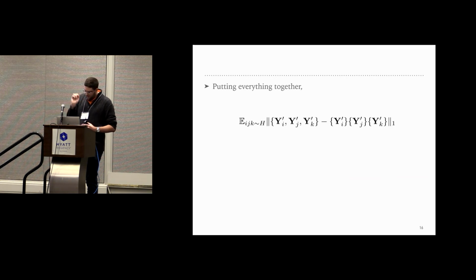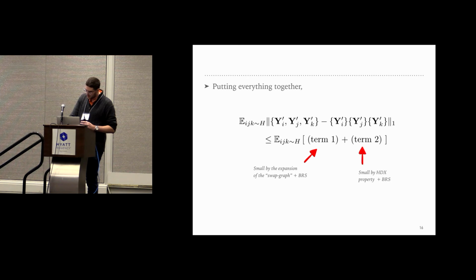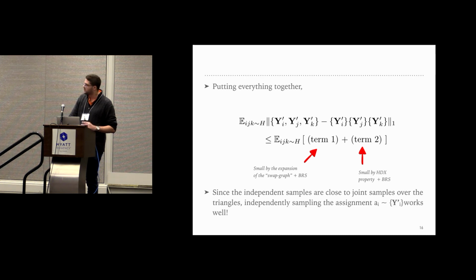So I have this quantity that I want to bound. I use triangle inequality. I got these 2 terms. The first term is going to be small by the assumption on the expansion of the swap graph and high-dimensional expansion. And the second term is going to be small by the high-dimensional expansion property and BRS. So if you just do independent rounding, you're going to satisfy a good amount of the constraints.